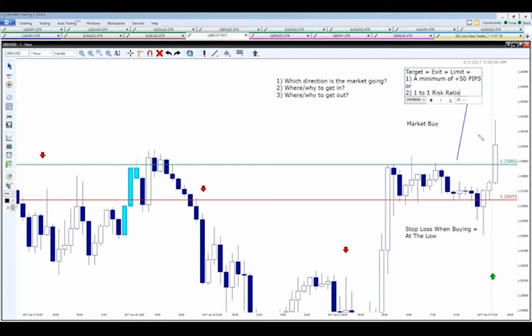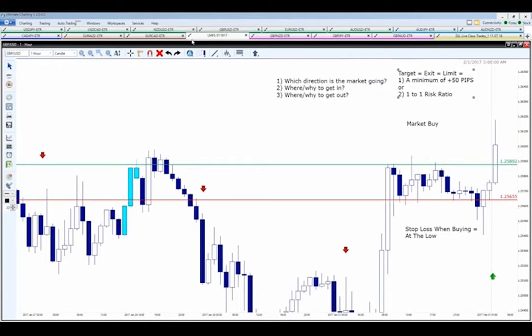So in this case here, we are risking 23 pips, but our minimum target's got to be 50.